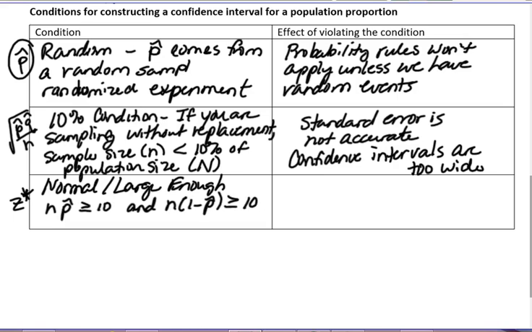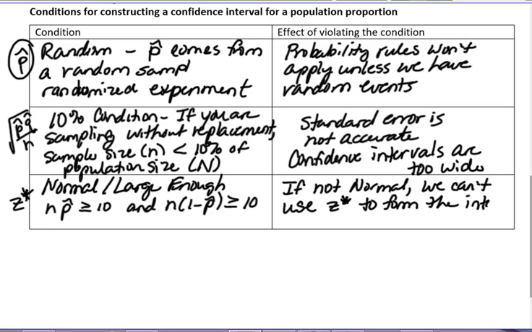We often call that q hat, but anyway, that's the typical way we write it. If the distribution is not approximately normal, then we can't use the normal model. If not normal, we can't use z critical values to form the interval.